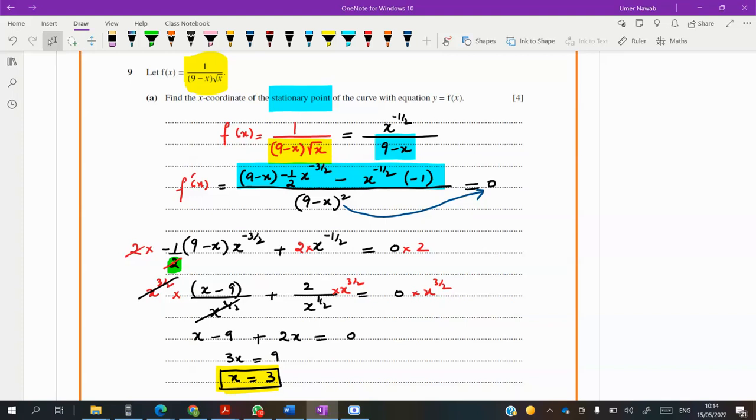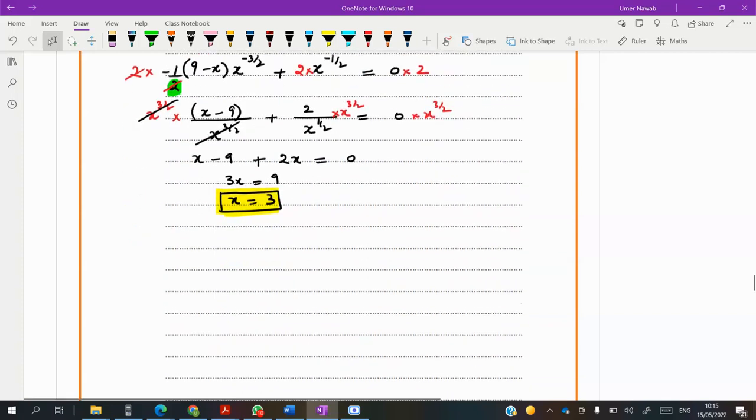Later, he said that we have to find stationary points, so we put the derivative equal to zero, the denominator cross multiplied with zero and was finished. Slowly, we saw that the expression became more simplified, and finally we came up with x equals 3. So the x coordinate is found.